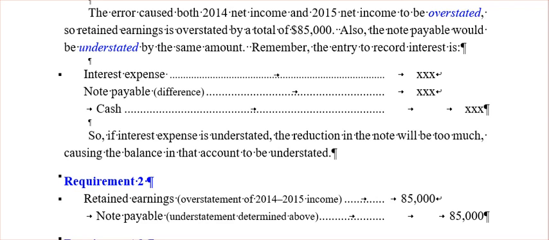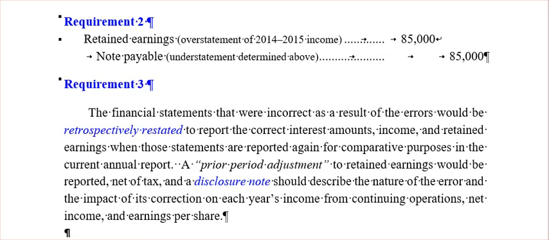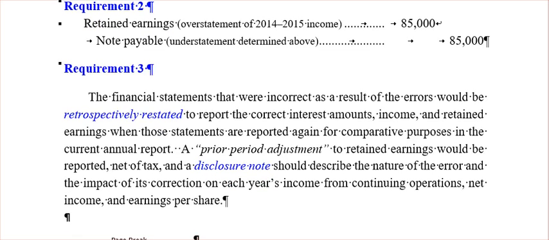The third thing is, what do you need to do besides fixing this? Okay, you fixed the journal entry. What else are you going to have to do? Well, you have to go back and fix your financials. If it's material, you're going to be fixing your financials. You are going to say retrospectively restated.